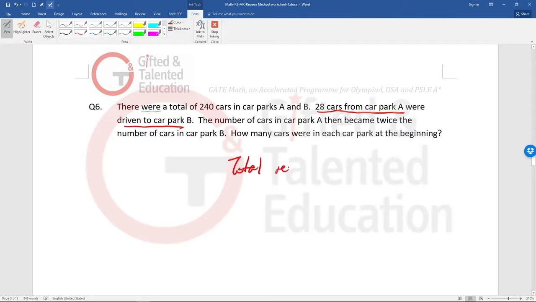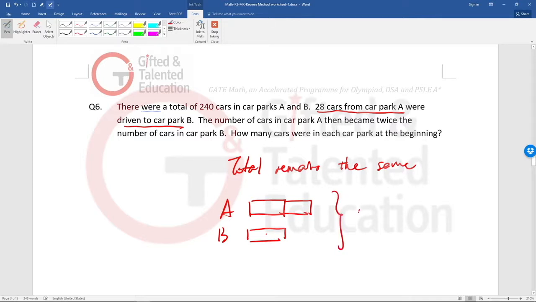So in the end, the cars in car park A is twice of car park B. So A, we have 2 units here, and B, we have 1 unit here. And the total remains as 240. So 1 unit must be equal to 80, because 80 plus 80 plus 80 gives us 240.